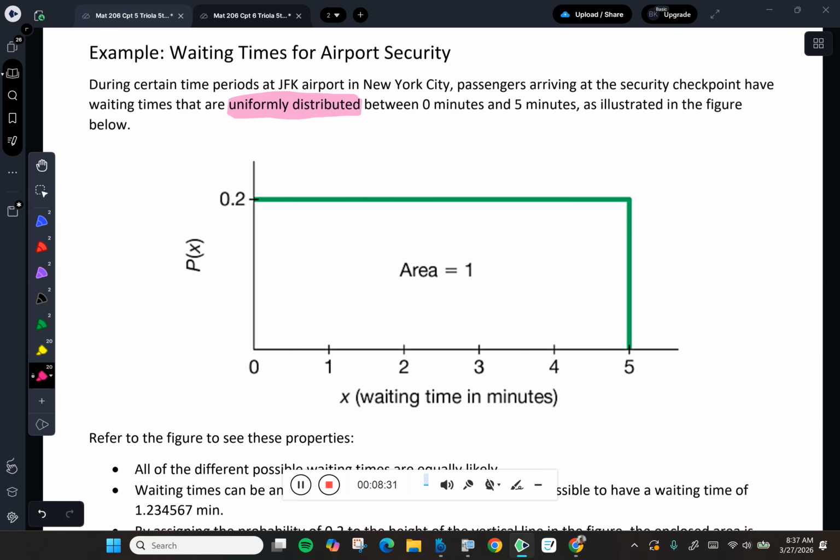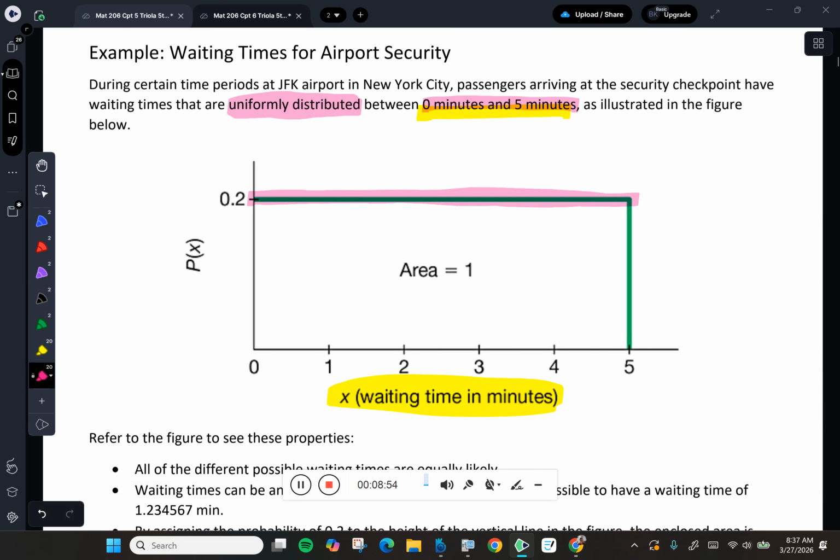So when they tell us that it's uniformly distributed between 0 and 5 minutes, it tells me that my x, my random variable, is valid from 0 to 5, and that the probabilities for all of those are always the same for any range of values in there.